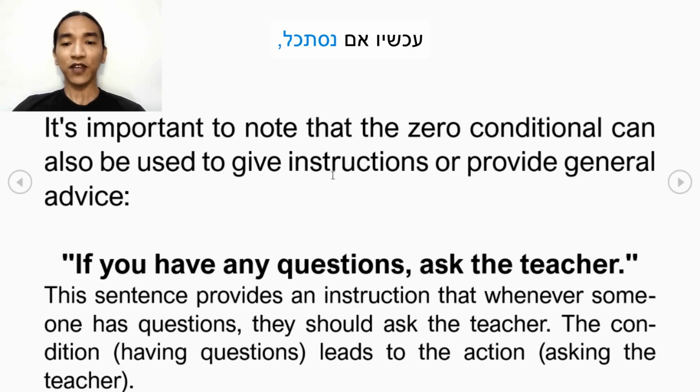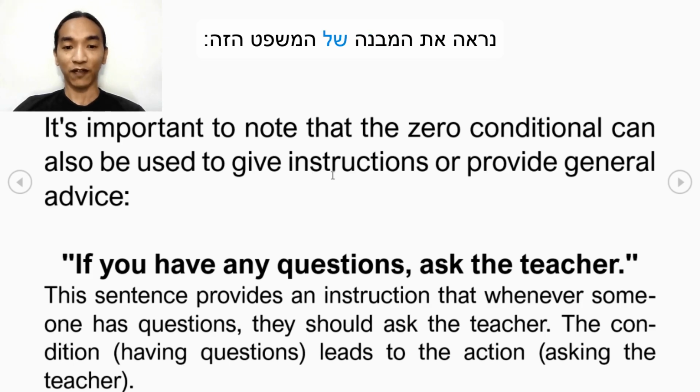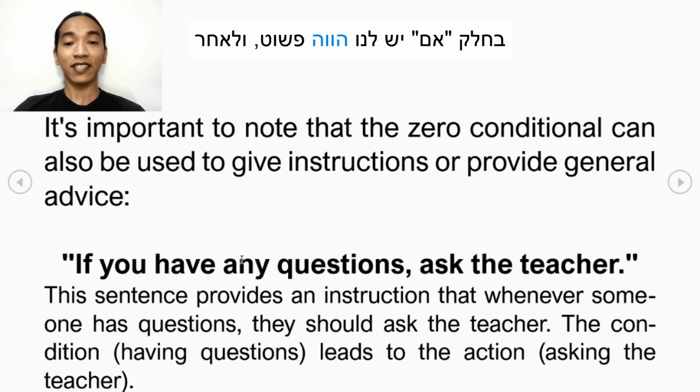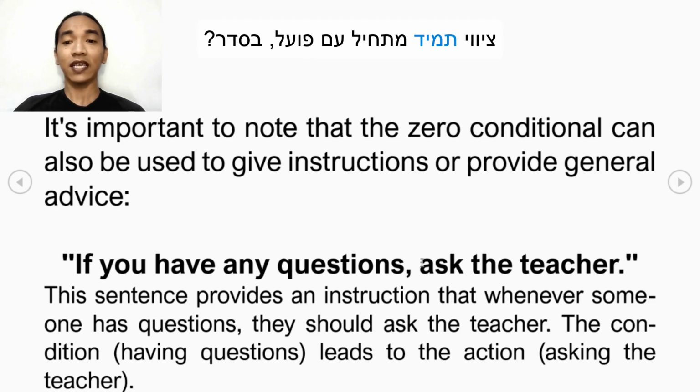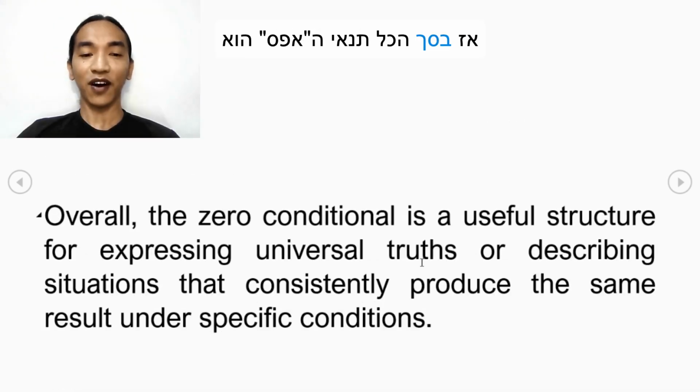Now, if you take a look at this one, look at the structure of this sentence. On your if clause, we have a simple present. And then in your main clause, we have what we call an imperative sentence. An imperative sentence always starts with a verb, okay? So overall, the zero conditional is a very useful sentence.